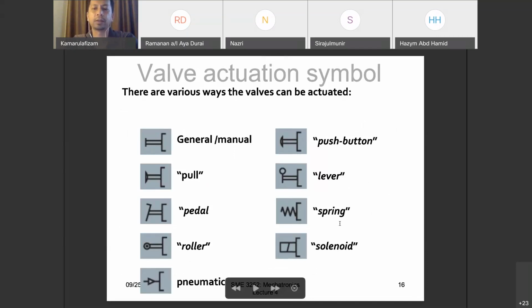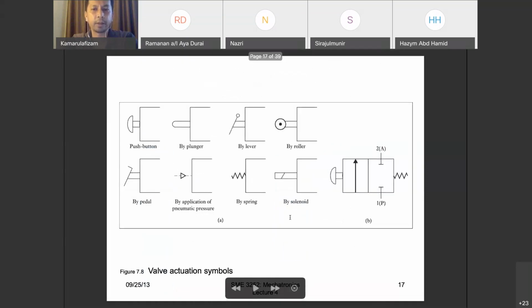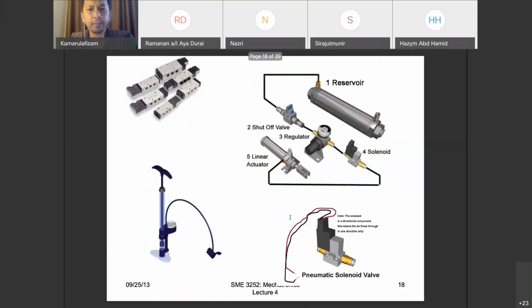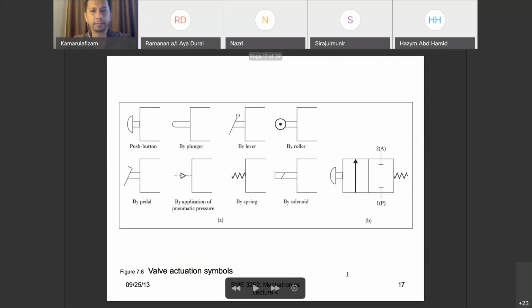Adakah dia based on electric punya solenoid? Adakah dia based on tekan kaki pedal? So it takes different symbol lah. Okay, sama juga. This is pneumatic valve. This is valve actuation, sama juga tadi tu.